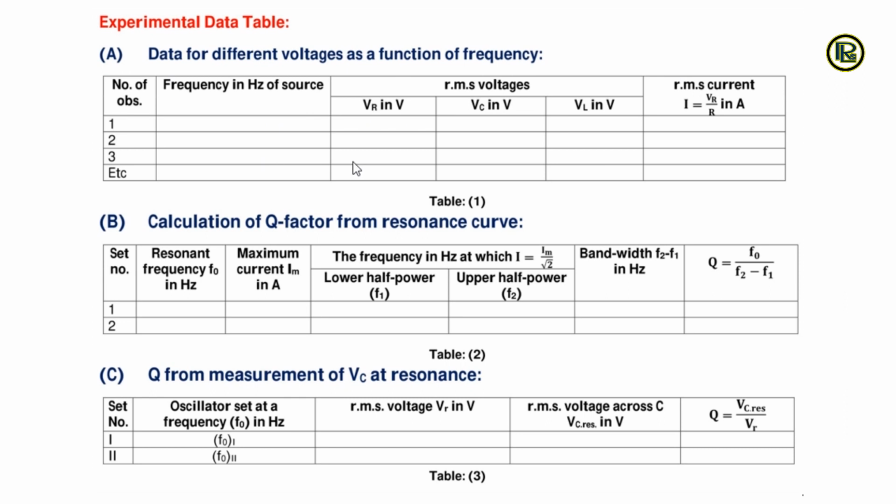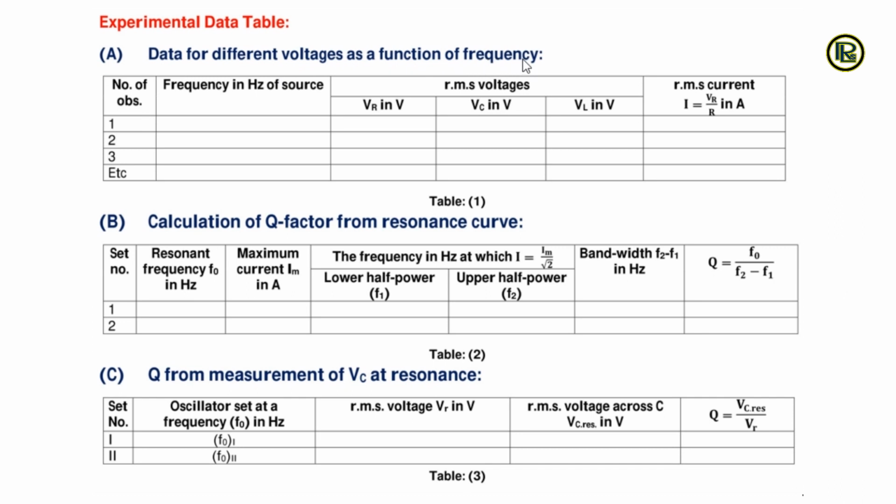So mainly for series LCR circuit, we have three tables. First table is to record the data for different voltages as a function of frequency. This voltage is across R, across resistance.